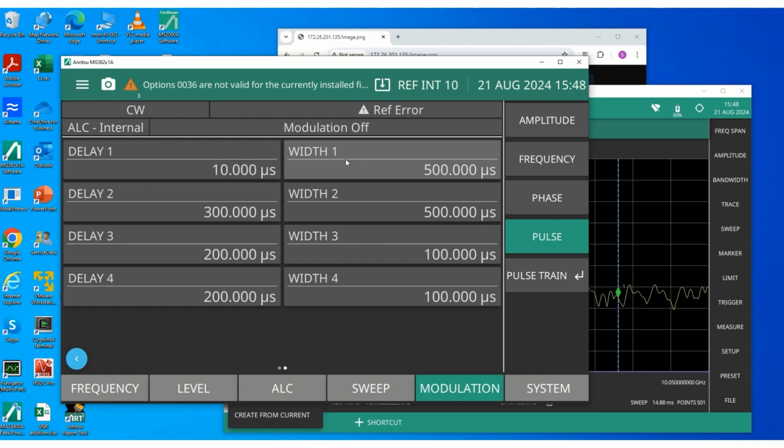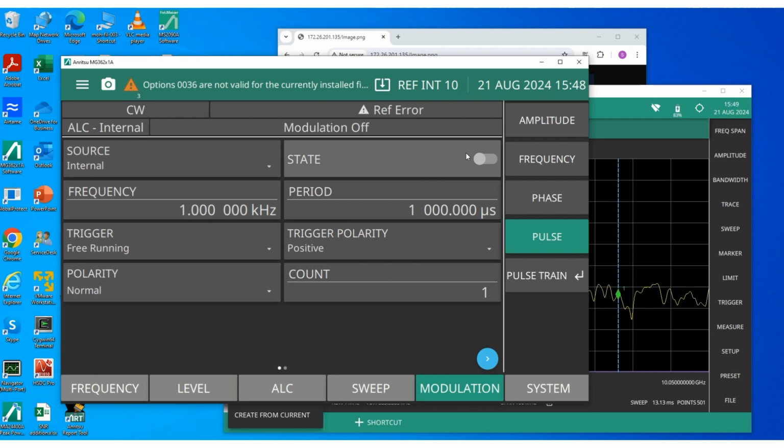This is the pulse width, and we will set it to 500 microseconds, which means this will be a pulse pattern with 50% duty cycle. So we'll set it to 50%, and then we will go back and we will enable the pulse modulation.